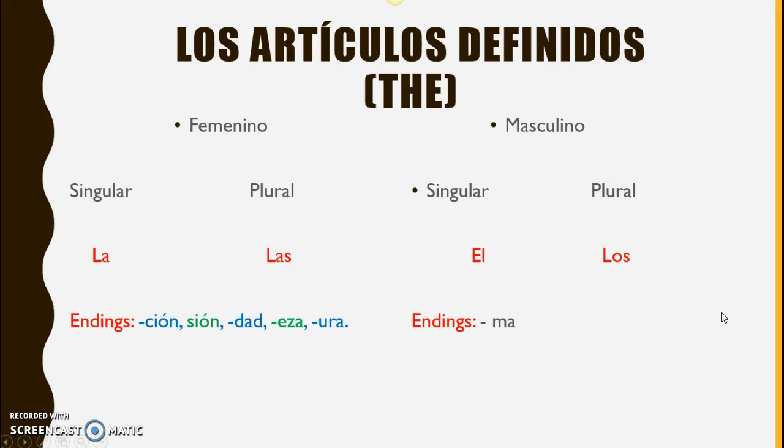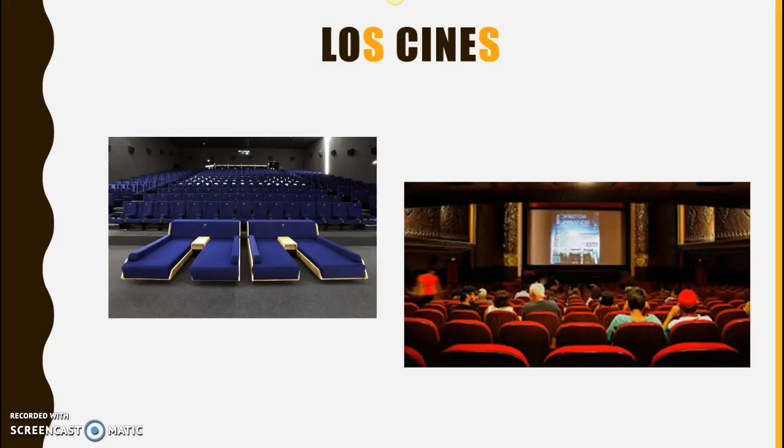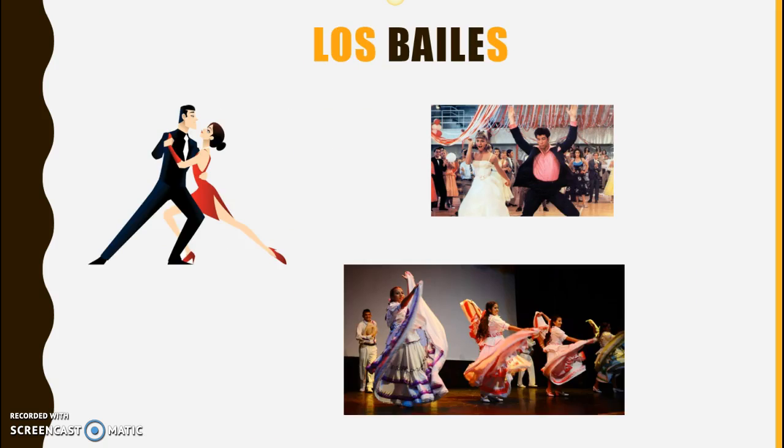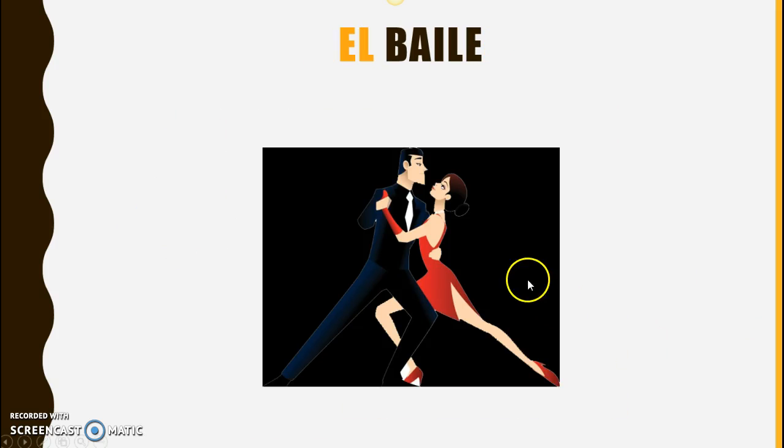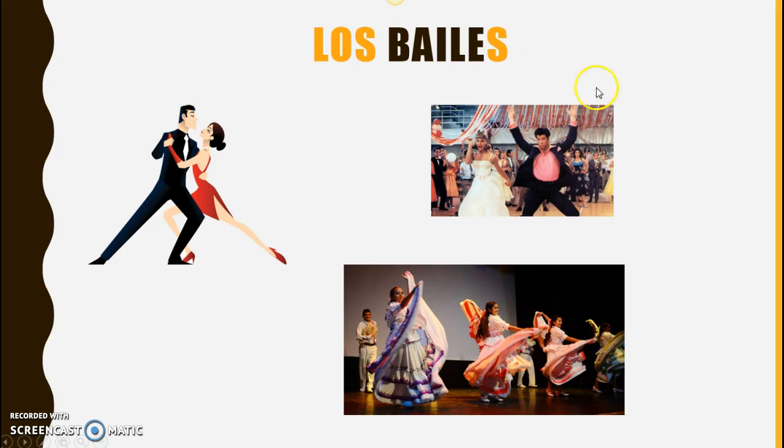Okay, so if we pay attention to the nouns that I talked about before, like baile, it means that this noun is masculine and singular, and that's why I use el. Bailes means that I am using los, so the noun is masculine and plural.